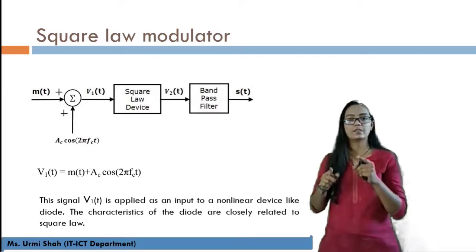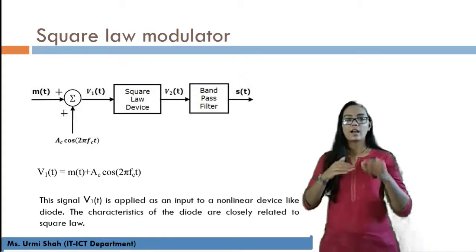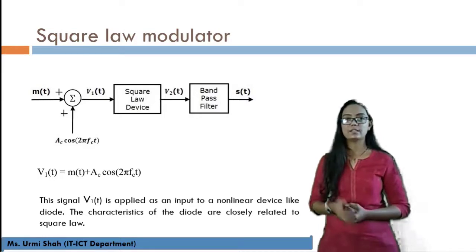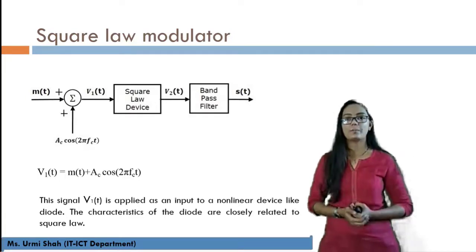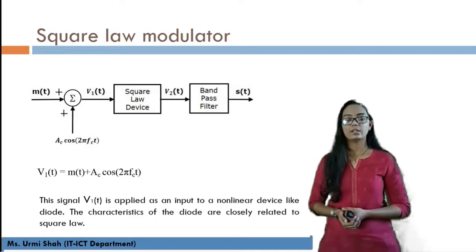Now this will be passed on to the square law device, which generates the squaring of the signal given to it. That will be your next input V2, which is passed to a band pass filter, and the final S of t will be your modulated signal.